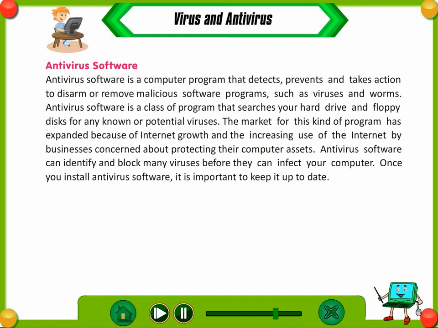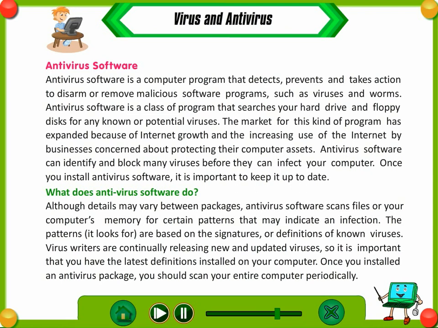Antivirus software can identify and block many viruses before they can infect your computer. Once you install antivirus software, it is important to keep it up to date. What does antivirus software do? Although details may vary between packages, antivirus software scans files or your computer's memory for certain patterns that may indicate an infection.